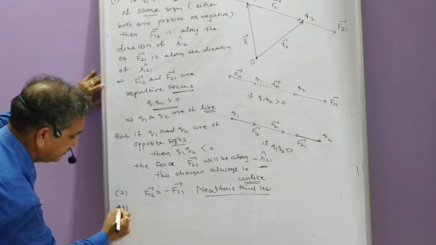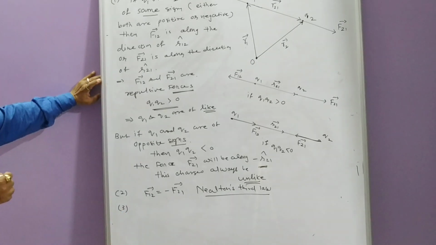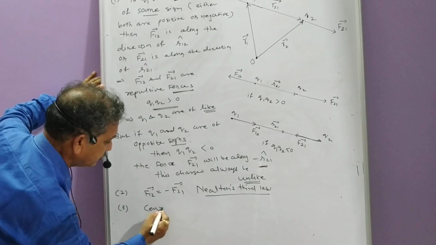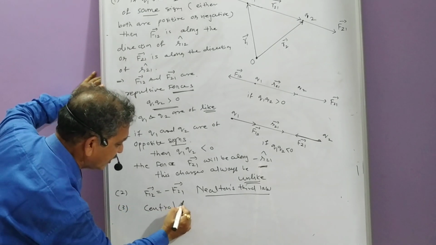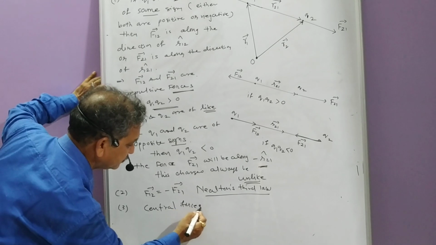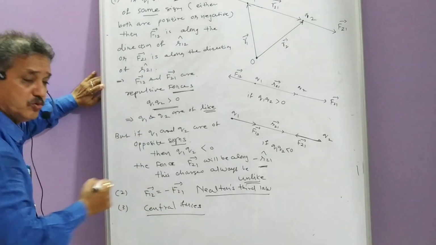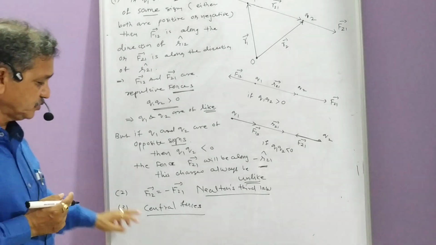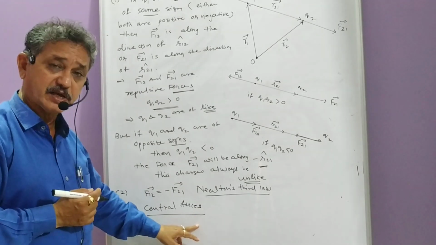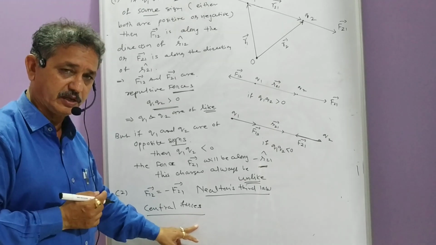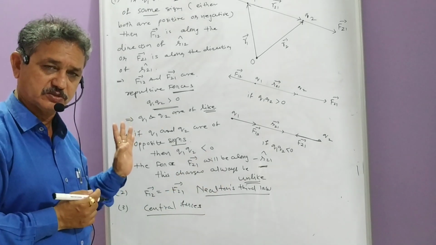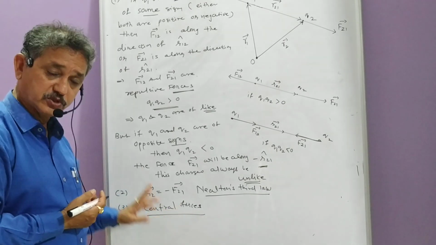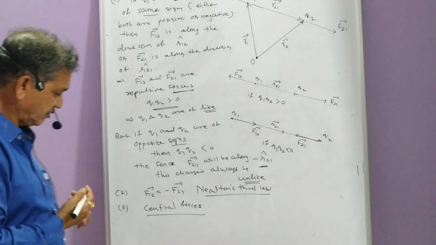The third point, these kinds of forces are known as central forces. The forces F12 or F21 are known as central forces. Why? Because these forces always act along the line joining the centers of the two charges, and because of which these Coulombian forces, attractive or repulsive, are known as central forces.